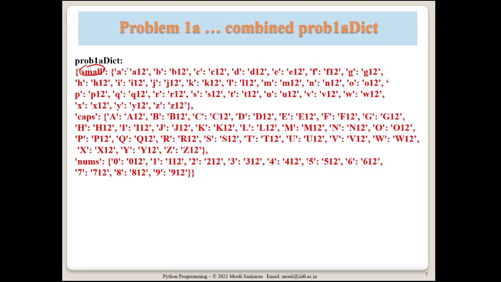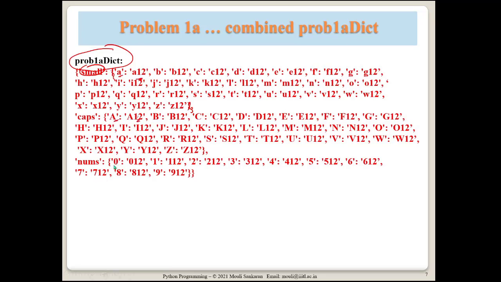A to A1. Now that has become a sub dictionary in the main category. This is another dictionary inside. It's a second level dictionary which is mapping A to A12. And this capital A to A12.